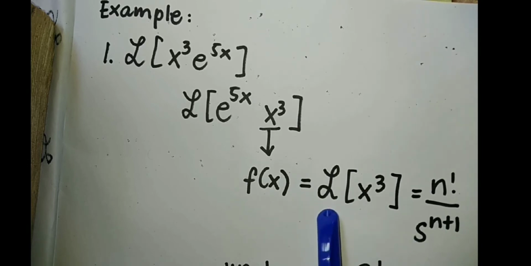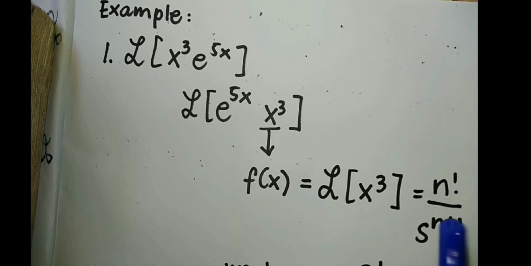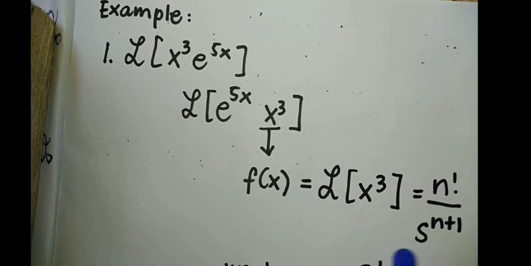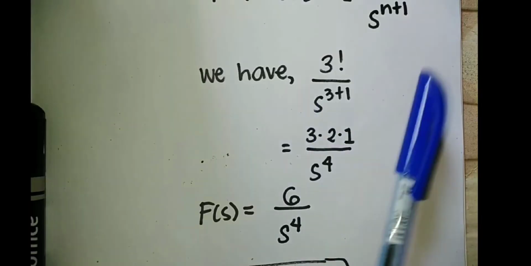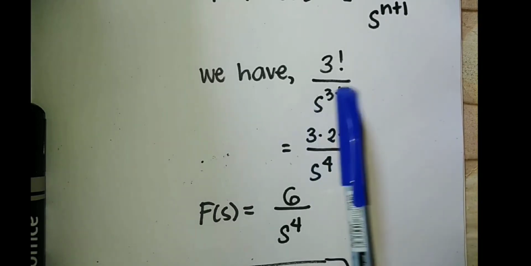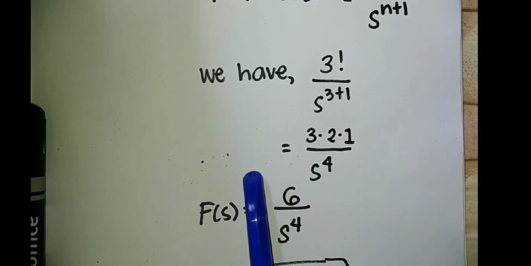So the Laplace transform of x cubed is equal to n factorial over s raised to n plus 1. With n equal to 3, we have 3 factorial over s raised to 3 plus 1.